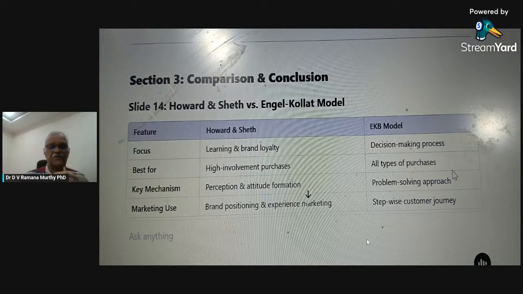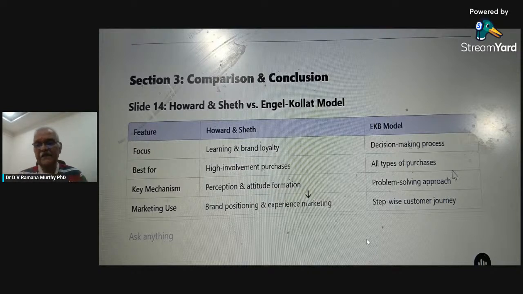Then the key mechanism working in the Howard and Sheth model is perception and attitude formation. I have already told you how the consumer perceives. There are a lot of perceptual blocks, and companies which follow this model address that very carefully. They create a clear positive perception in the mind of the consumers, and then facilitate attitude formation positively towards that particular product.